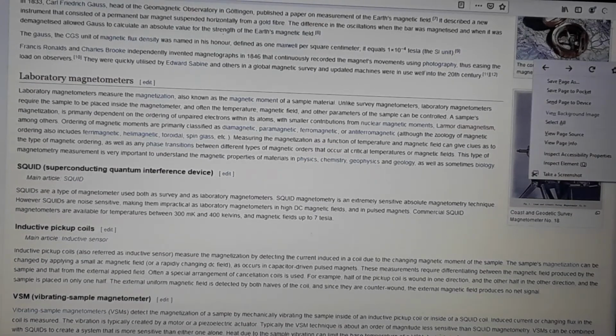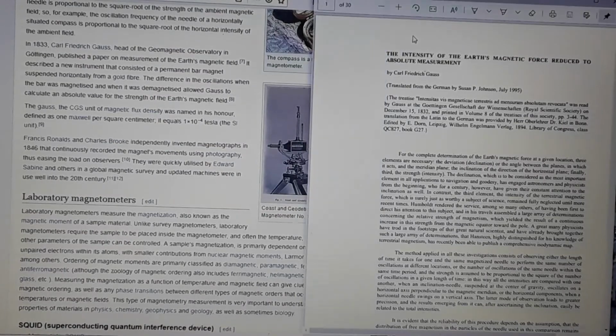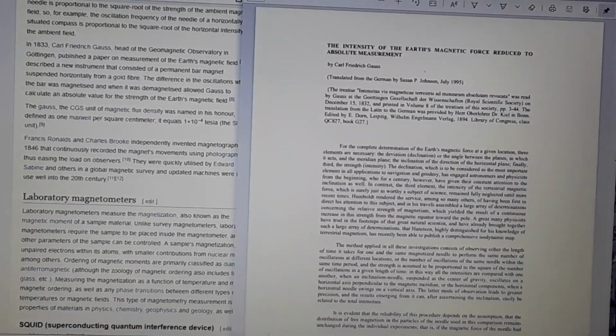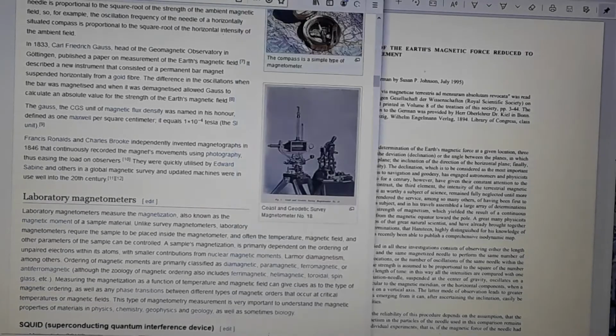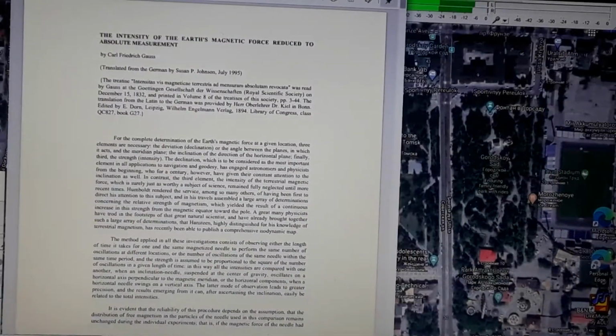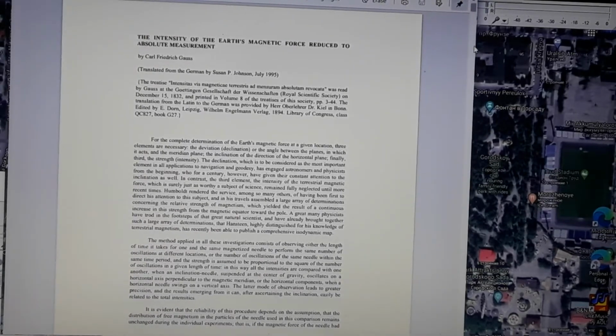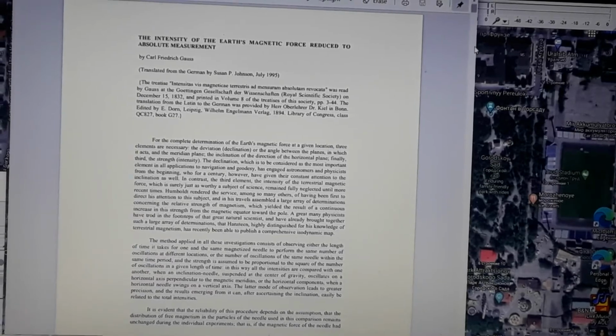I introduced the magnetometers. There's one more thing I wanted to get back to, and that is this here. All right, I have roughly 4 minutes left.